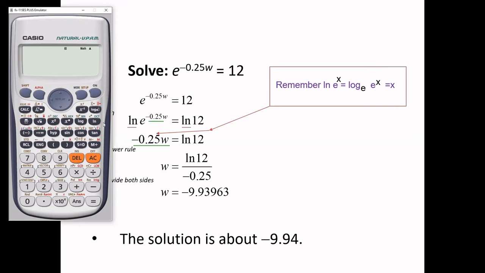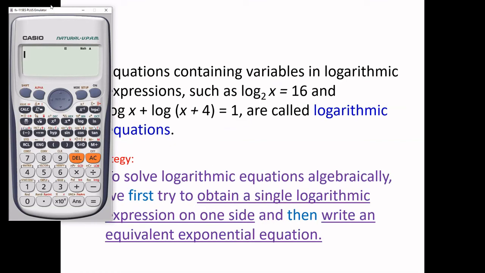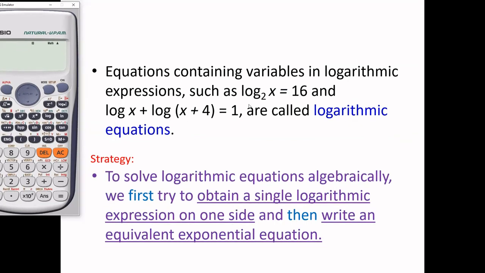Well, actually, we couldn't solve this one because of that W and the numbers in there by just putting in one string in here until we got down to this step. Okay, here we go. These are called logarithmic equations. It's just two examples of them.